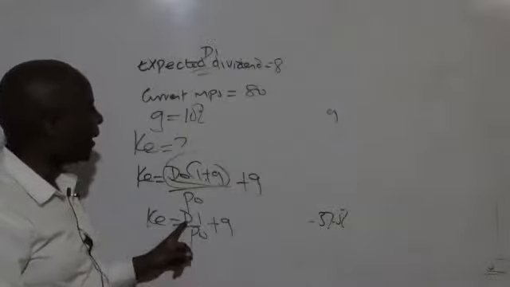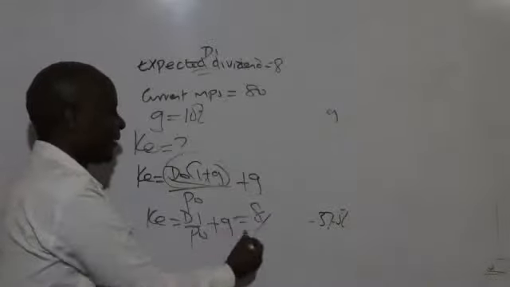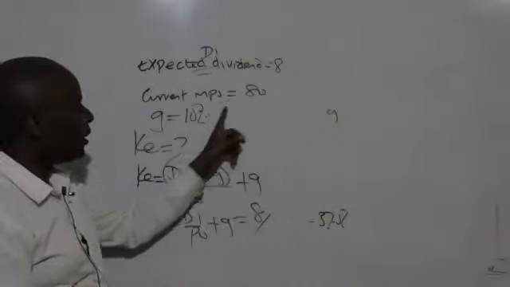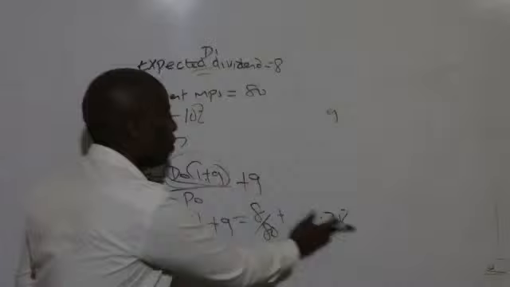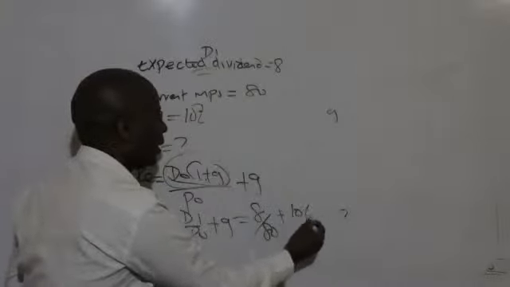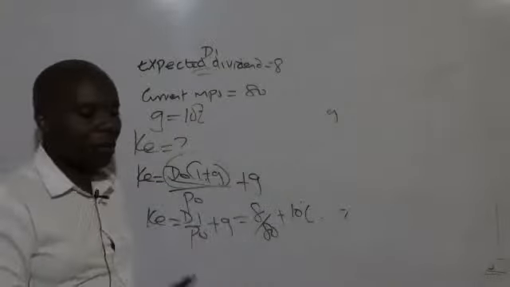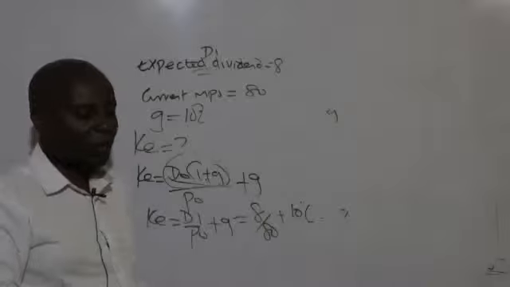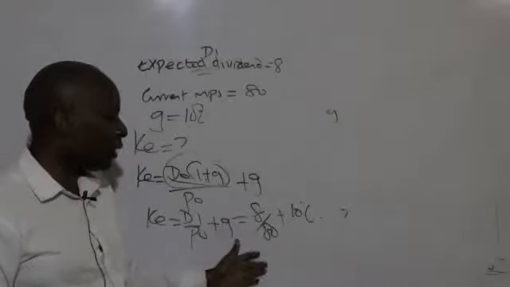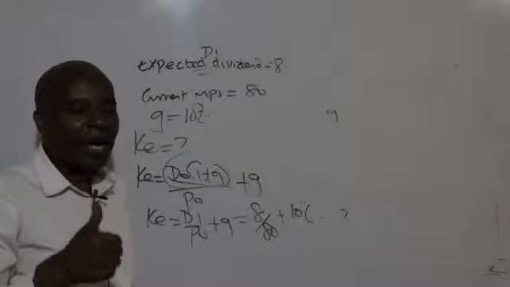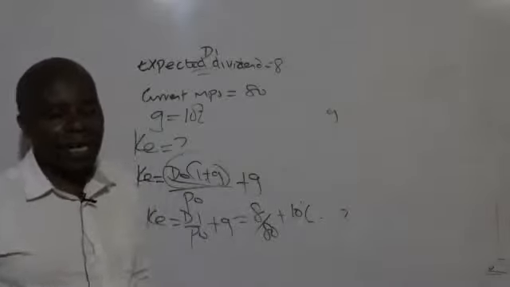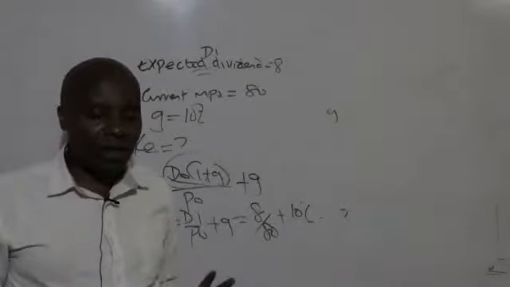So the D1 is 8. P0 happens to be 80. Plus the growth rate, which is 10%, the same as 0.1. So then could you kindly give me the final answer? It will be 8 over 80, that's 10%, plus 10%. That gives me 20%.